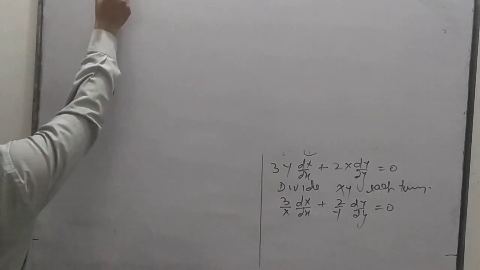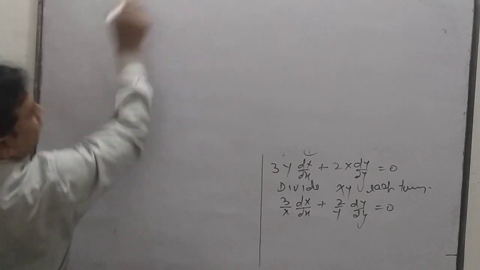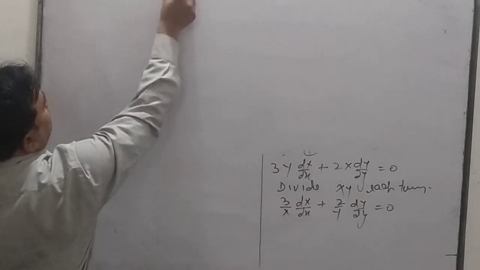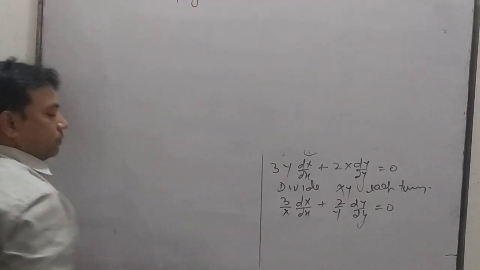Value of this 3 upon x dx over dx equal to minus 2 upon y dy over dy.